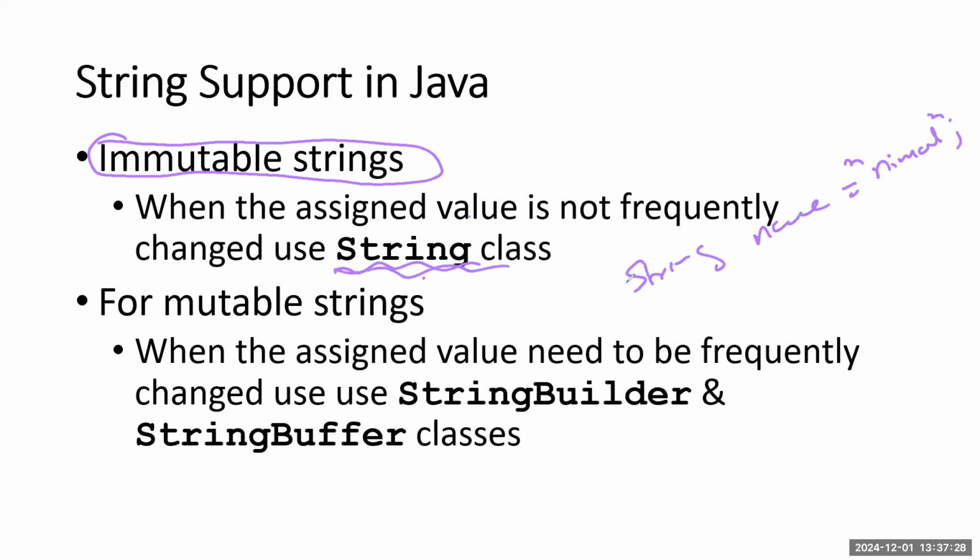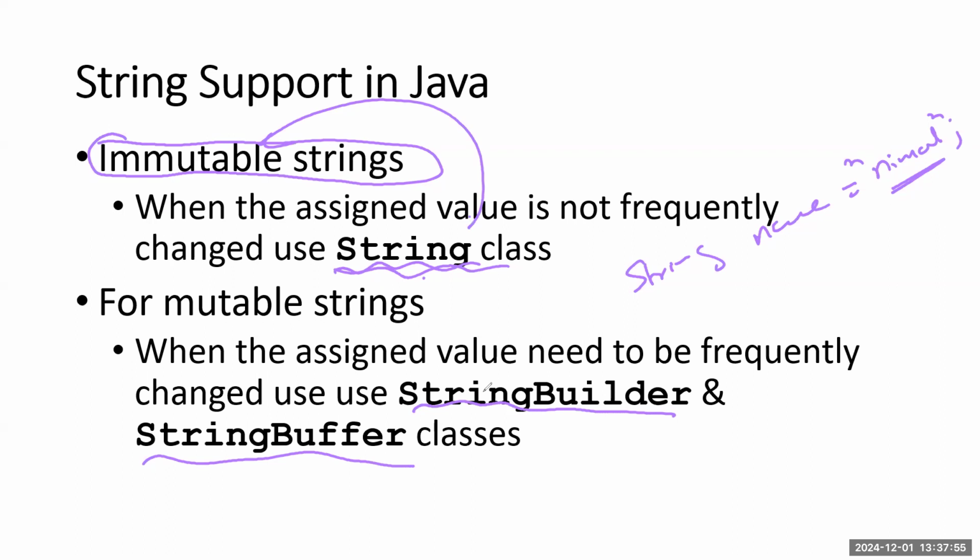But if you are going to frequently change the value, at different times you are going to assign different values, so you substring, add, append values, then for mutable situations, go for StringBuilder or StringBuffer. I will explain later why. Okay. Because the String class is optimized for immutable strings where you don't change much.